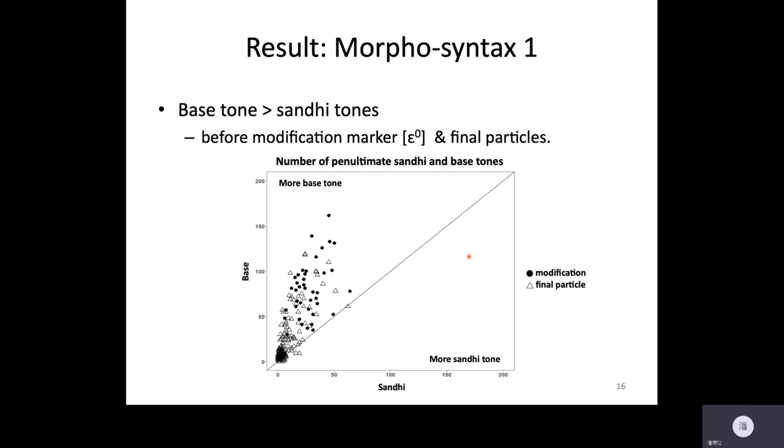As we can see from here, there were more base tones than Sandhi tones before both modification marker and final particles. In other words, the syntactic category predicted the tendency of base tone production before modification markers.